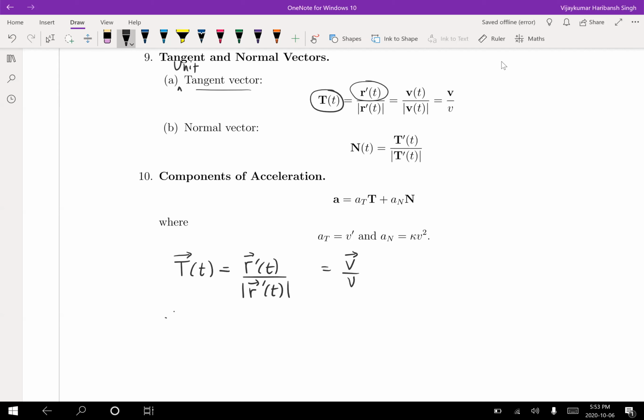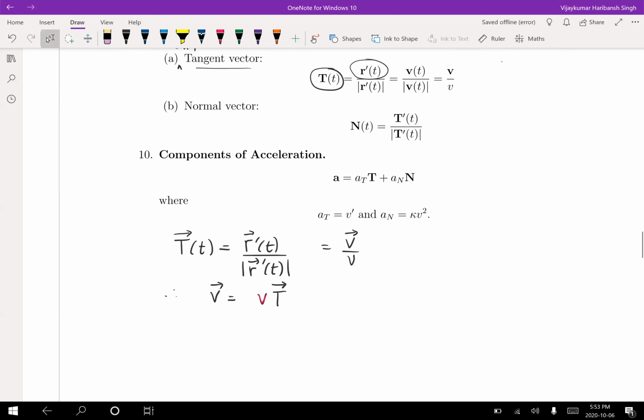So therefore we get that the velocity vector is going to be v times T. This small v is the speed, right? This v is the speed. So now let's take the derivative again.